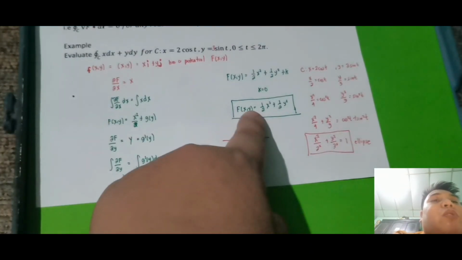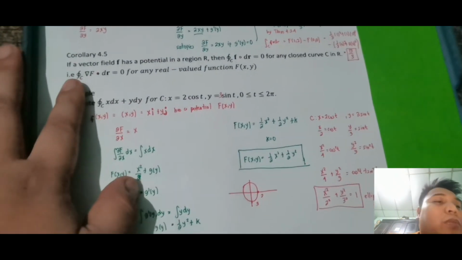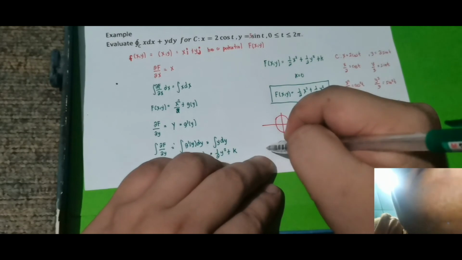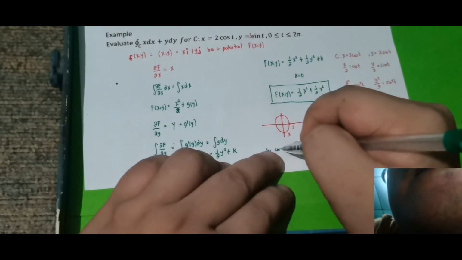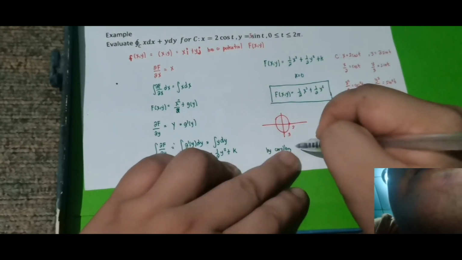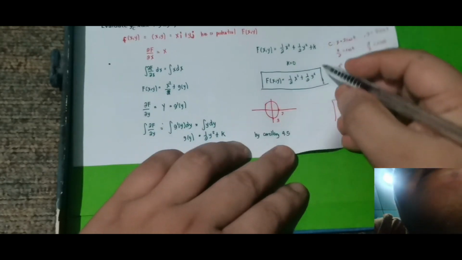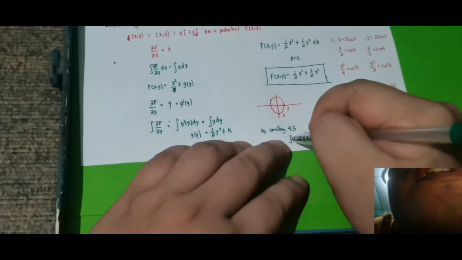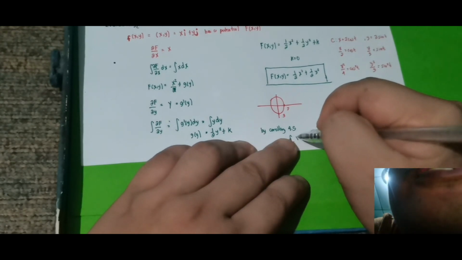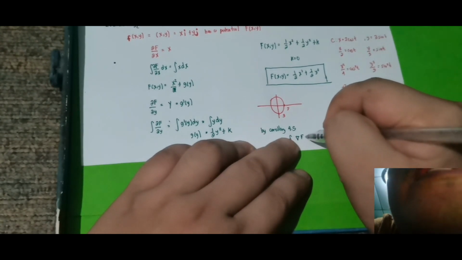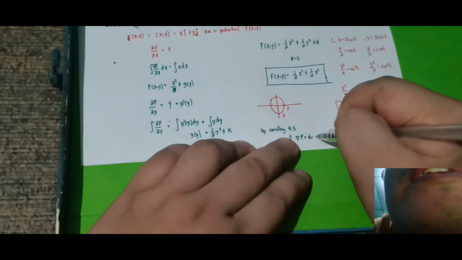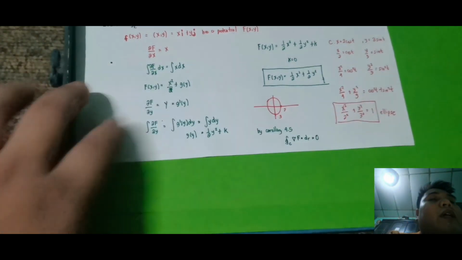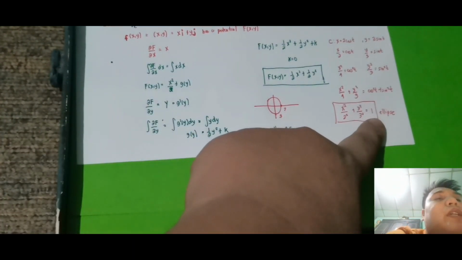Okay, now, since ito yung potential, so sabi ng corollary 4.5, by corollary 4.5, yung integral along the curve C nung gradient ng potential vector, dot product dr is just equal sa 0. Bakit ulit C? Kasi closed curve C, ellipse.